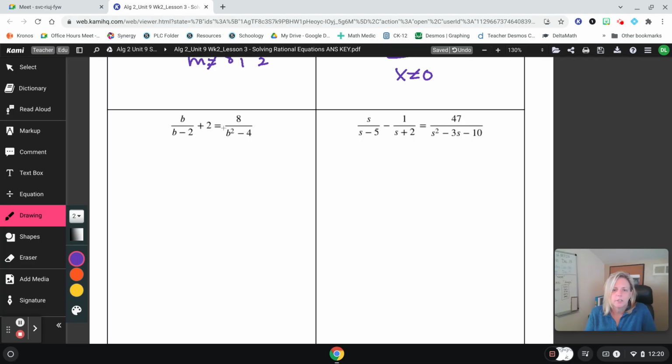Same thing over here. Again, if you want to combine the left side into a single fraction and cross multiply and divide, you can. I'm going to take the simpler route and just distribute my LCD. I know that b squared minus 4 can be rewritten as b plus 2 and b minus 2, which is going to be my LCD because I have a b minus 2 over here.